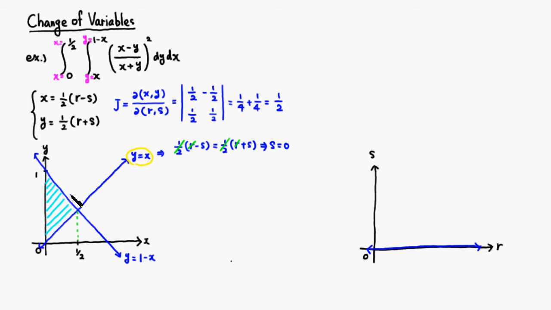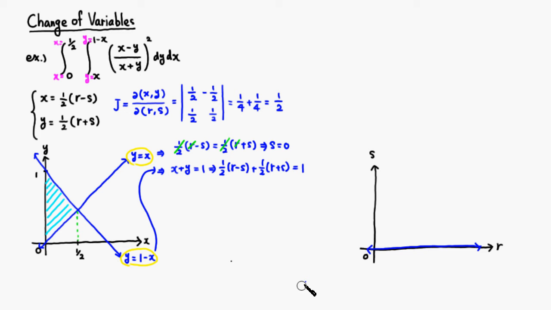How about this one right here? This constraint, we're going to go up here since there's more room. I'm going to rewrite it as x plus y equals 1. In terms of r and s, x is 1/2 (r minus s), and y is 1/2 (r plus s), and this is going to be equal to 1.